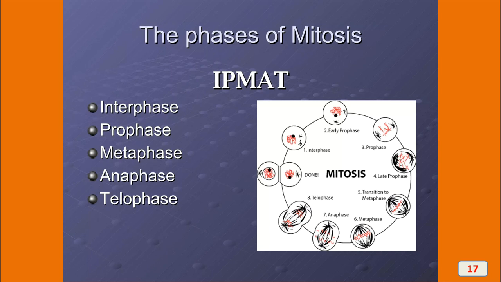So in this you can see that the interphase is the single cell from which the cell division starts. The cell structures are drawn either to the north pole or to the south pole.